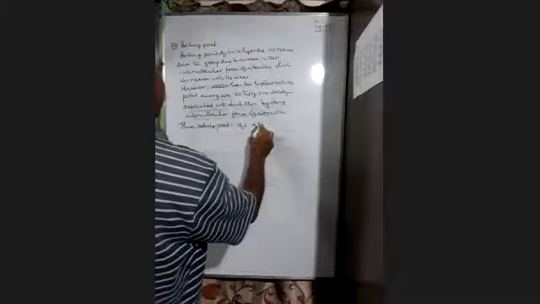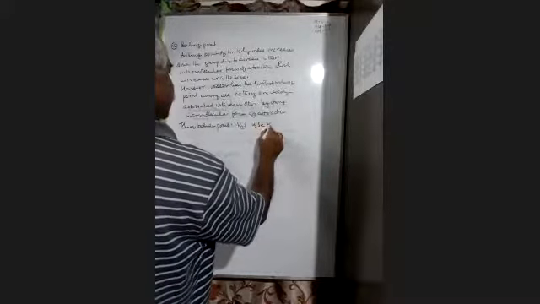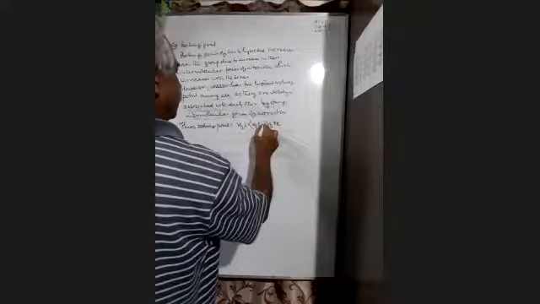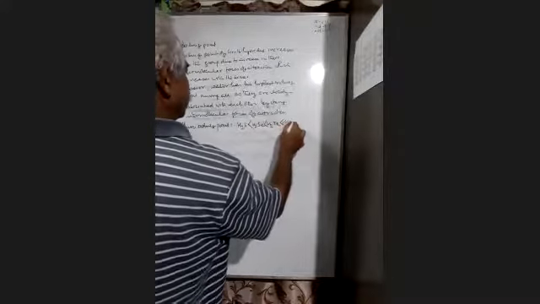So thus, boiling point. What should I write now here? I'll write it like this: H2S, H2Se, H2Te, and this one I'll write like H2O.